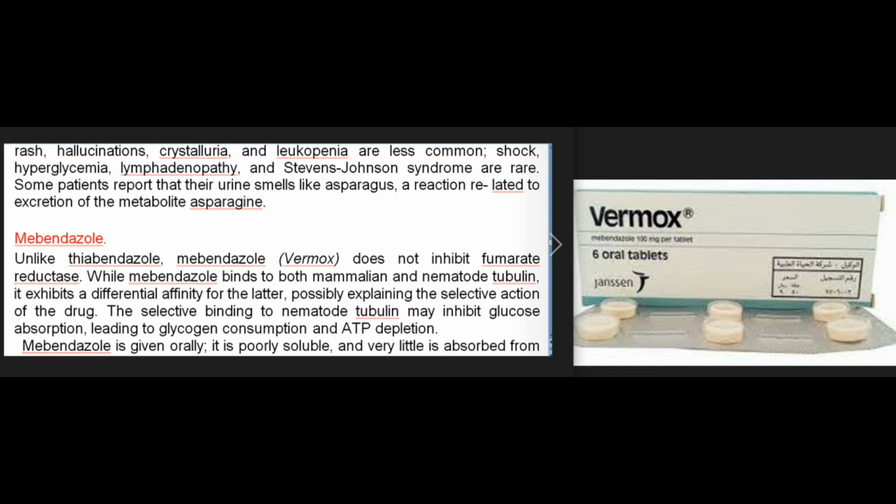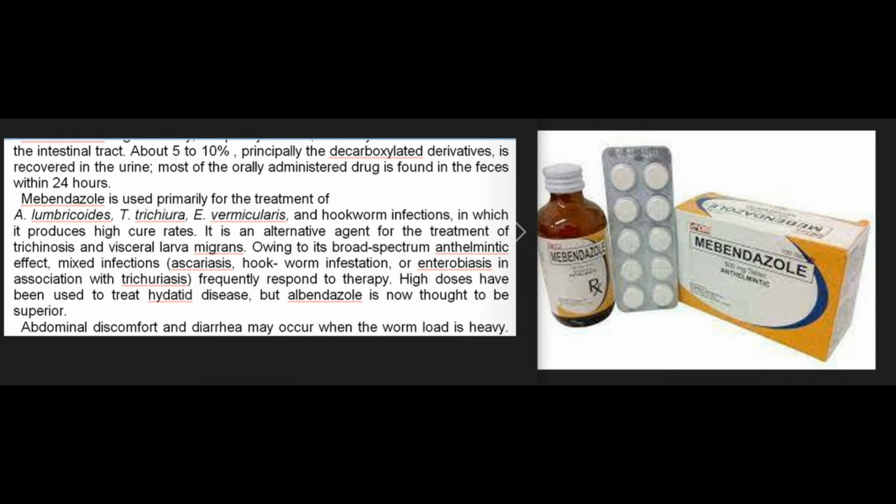Mebendazole is given orally, it is poorly soluble, and very little is absorbed from the intestinal tract. About 5 to 10%, principally the decarboxylated derivatives, is recovered in the urine. Most of the orally administered drug is found in the feces within 24 hours.